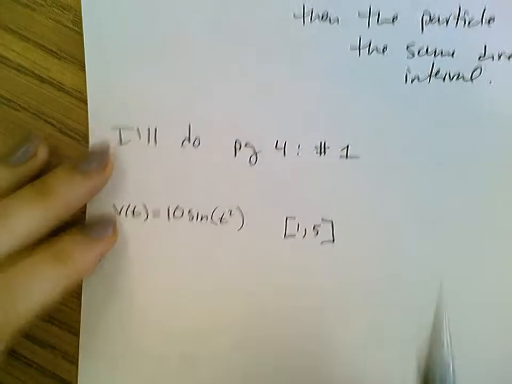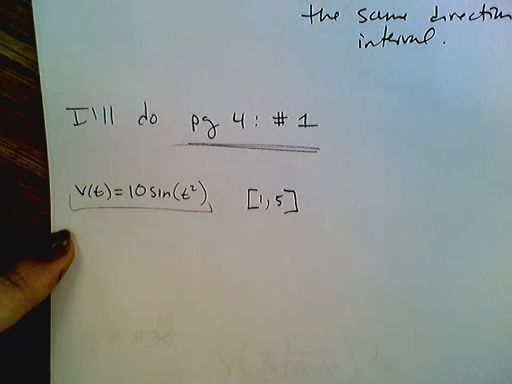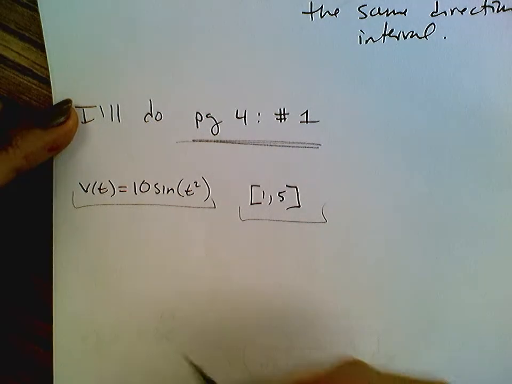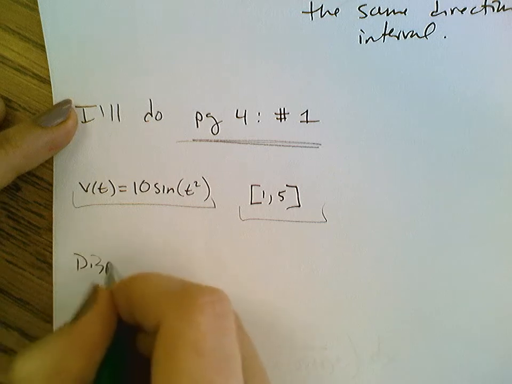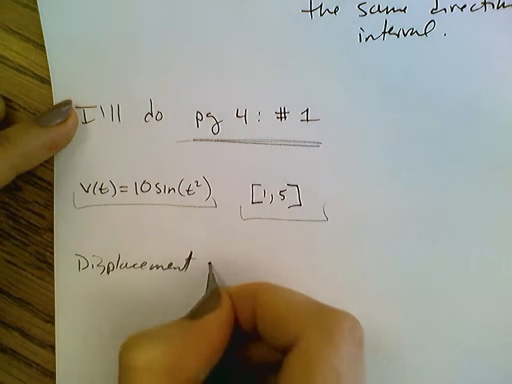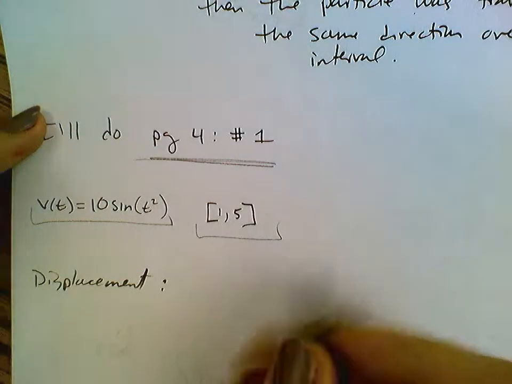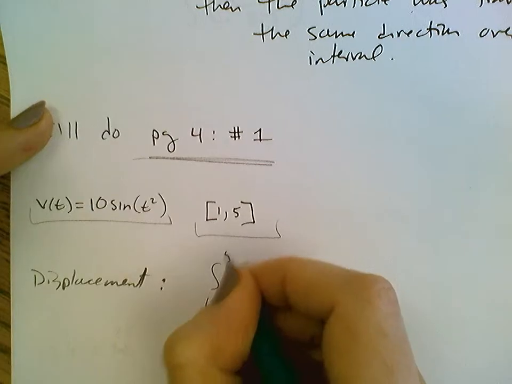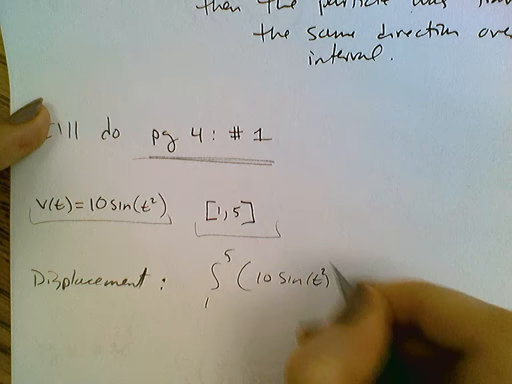Okay, so page 4, number 1 from your packet, you're given a velocity function and a time interval. First, they want the displacement. First, they want you to set up an integral for it. So it's going to be the integral from 1 to 5 of the velocity function.